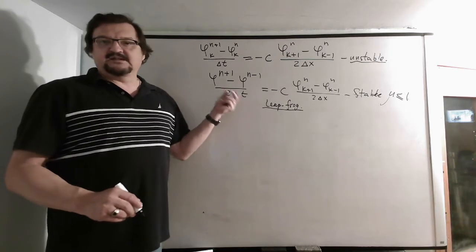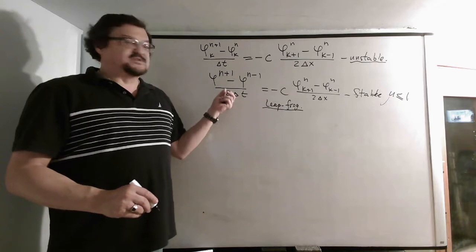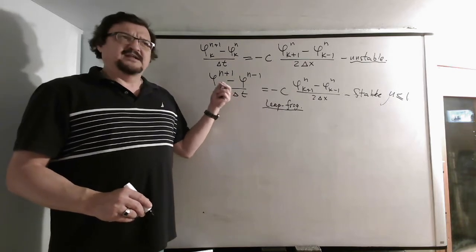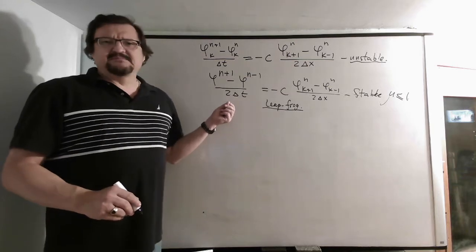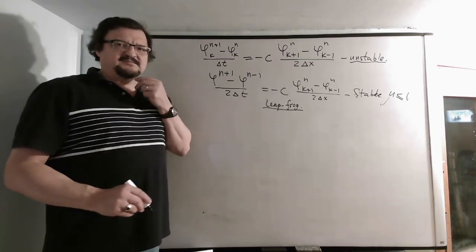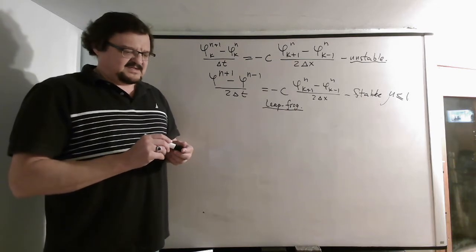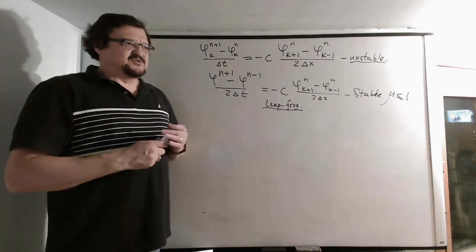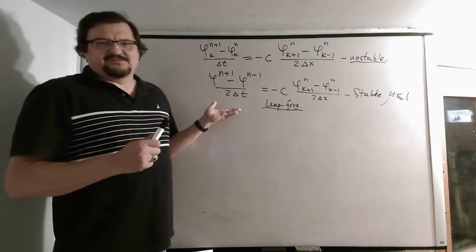Of course, it can be dealt with using Robert filter that we discussed, Robert-Asselin filter that we discussed last time, but it's kind of not very, I personally don't have very high degree of confidence in such an approach.